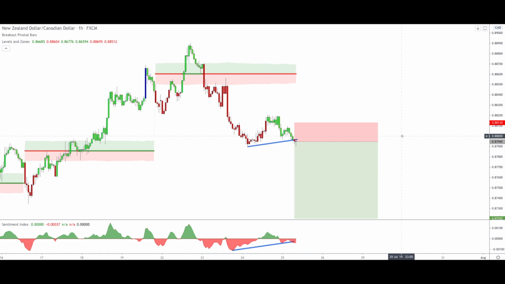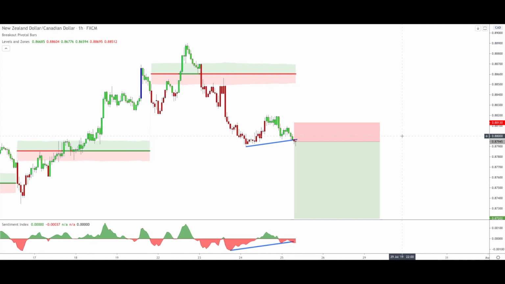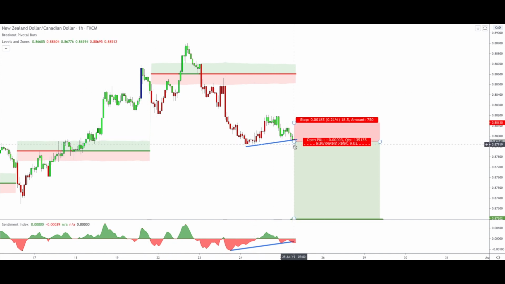Moreover, my analysis was built up by the fact that the Breakout Pivotal Bars, which is the indicator that colors the candle either red, green or blue, made a red candle right on the breakdown of this small consolidation.